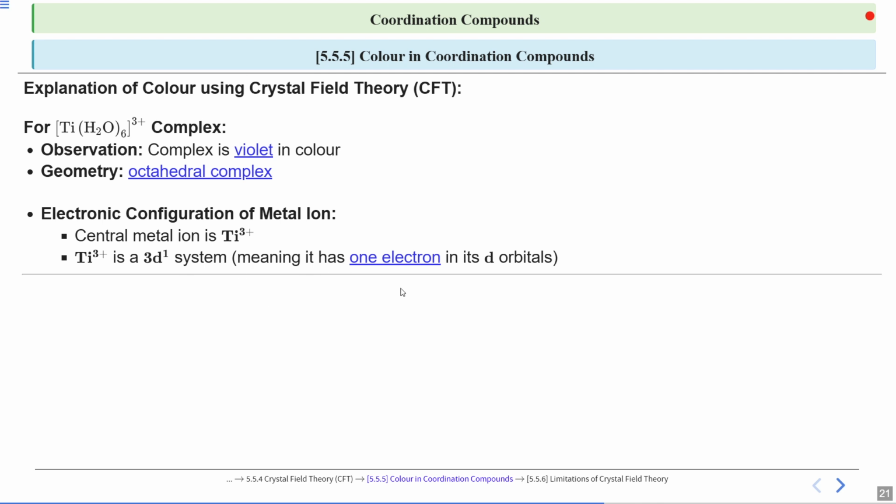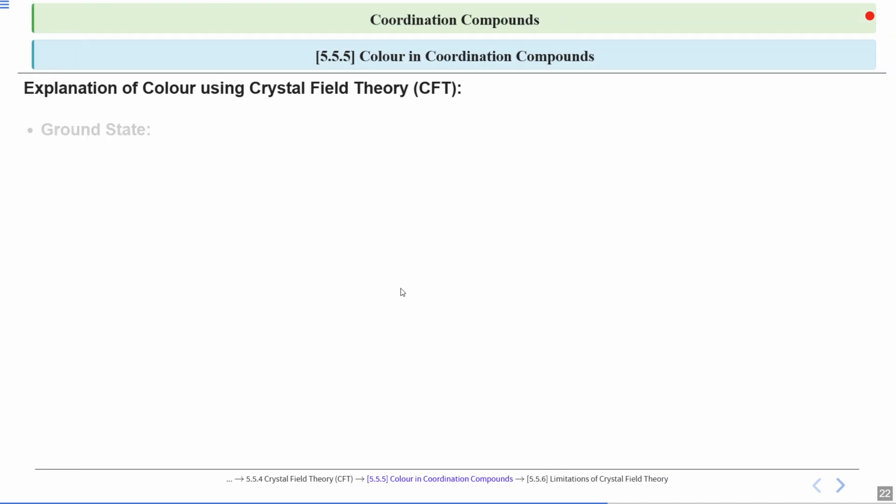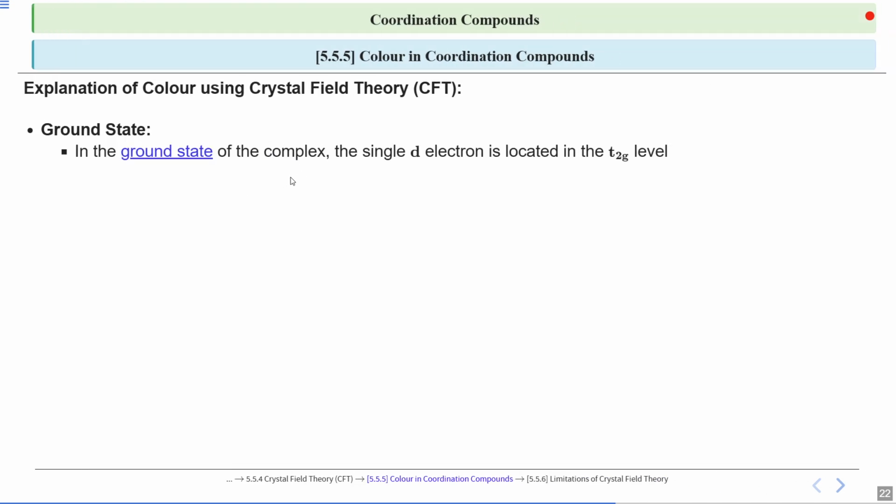In the ground state of the complex, the single d electron is located in the t2g level, because in an octahedral complex the lower energy set is the t2g set. So this one electron of Ti3+ is located in the lower energy t2g level.